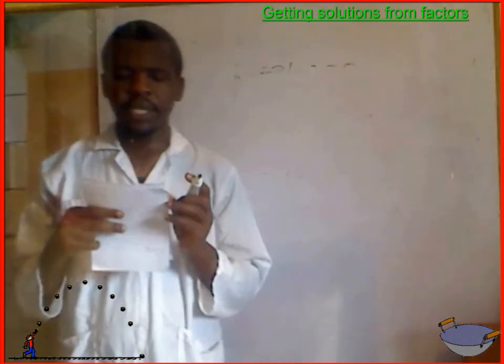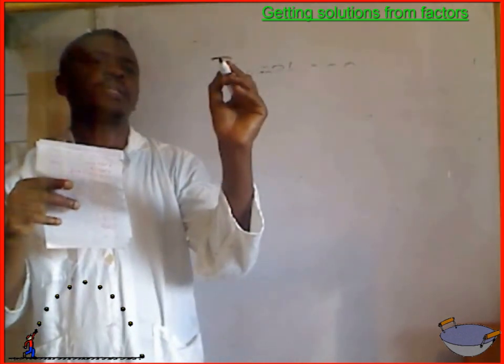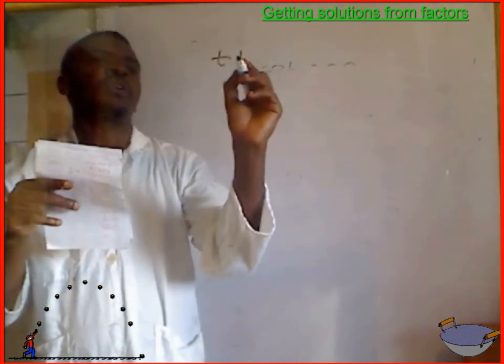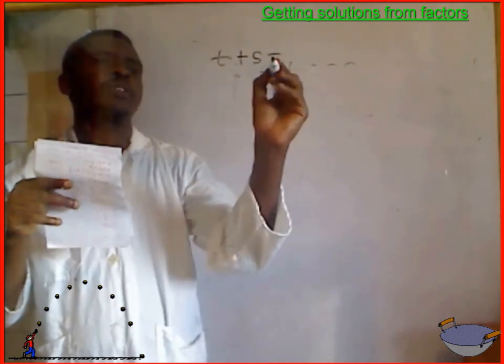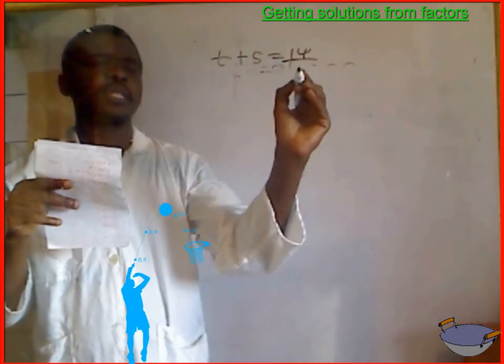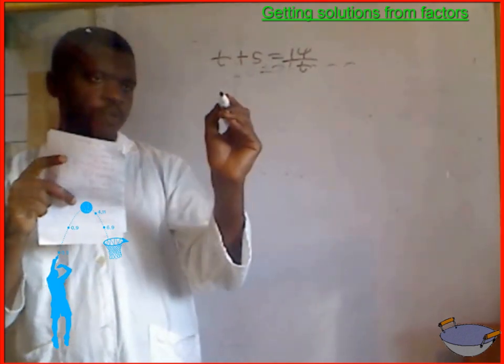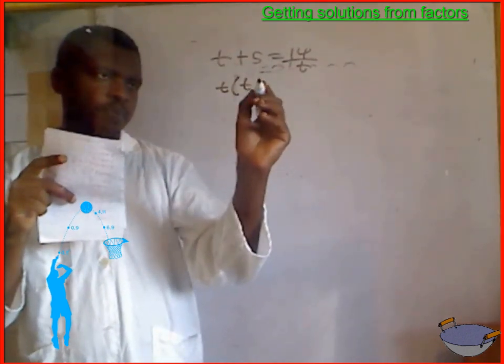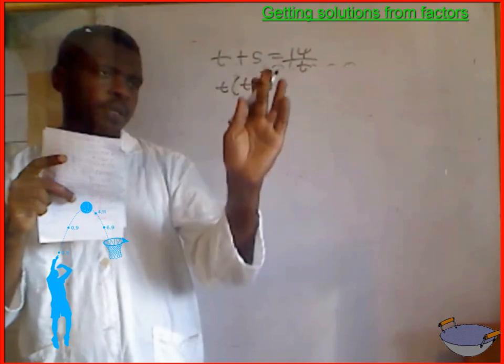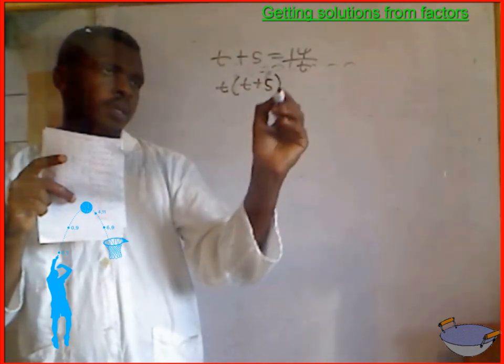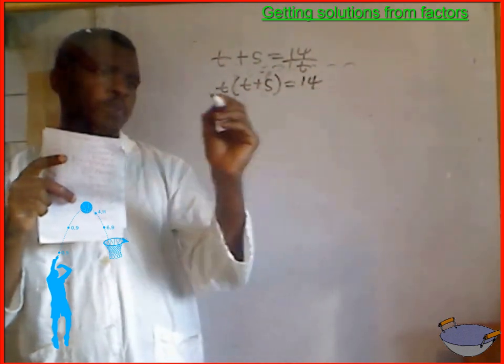Let's look at this example where we need to rearrange. If I am given t plus 5 is equal to 14 all over t. To rearrange this, I have to cross multiply. So this will give me t, factor of t plus 5, is equal to 14. I open the bracket.